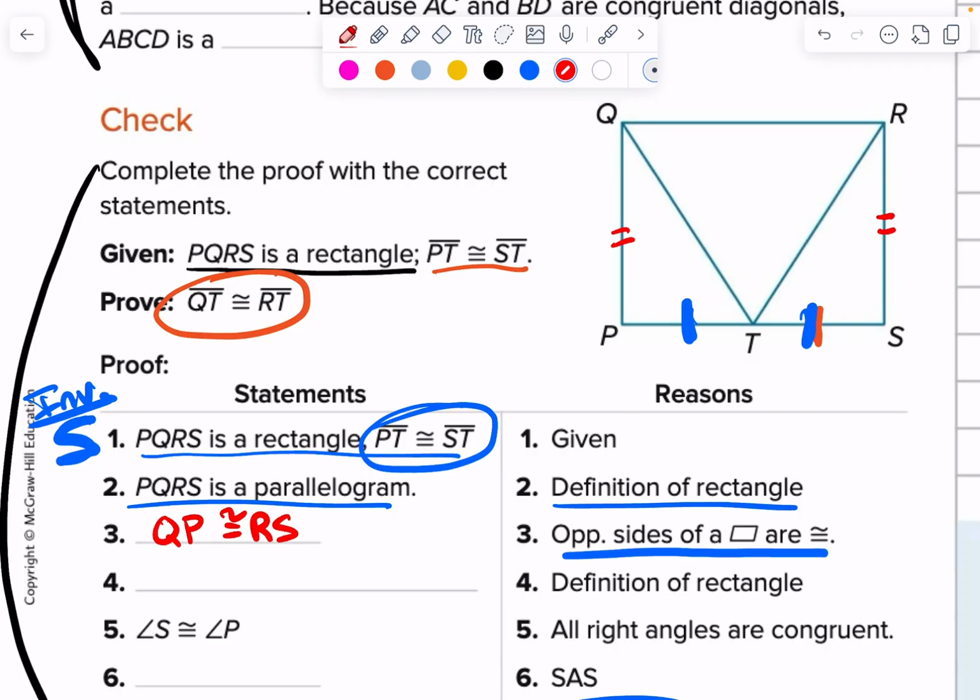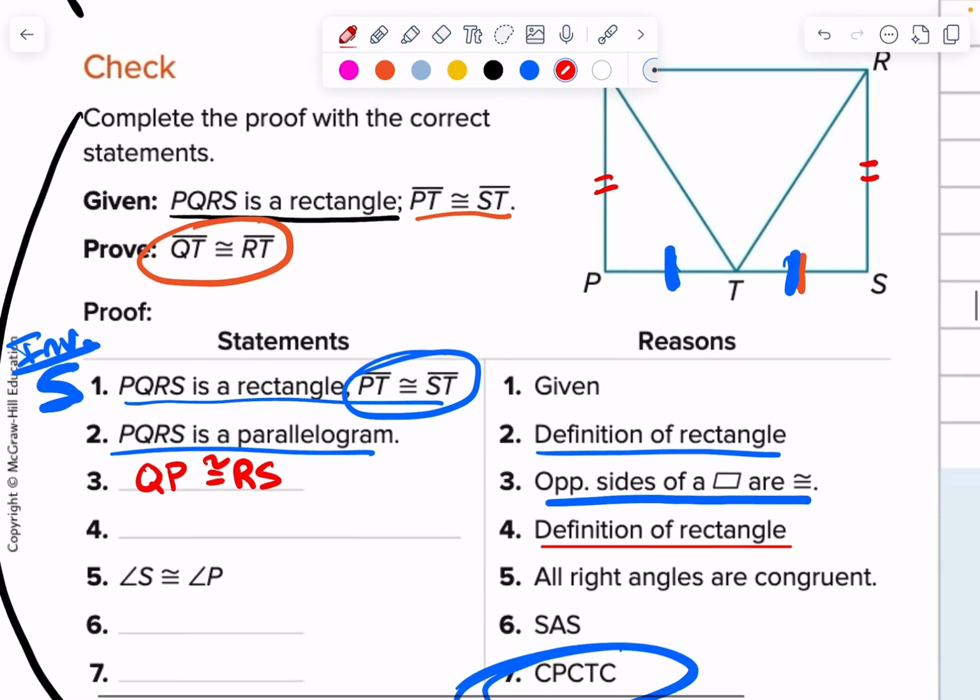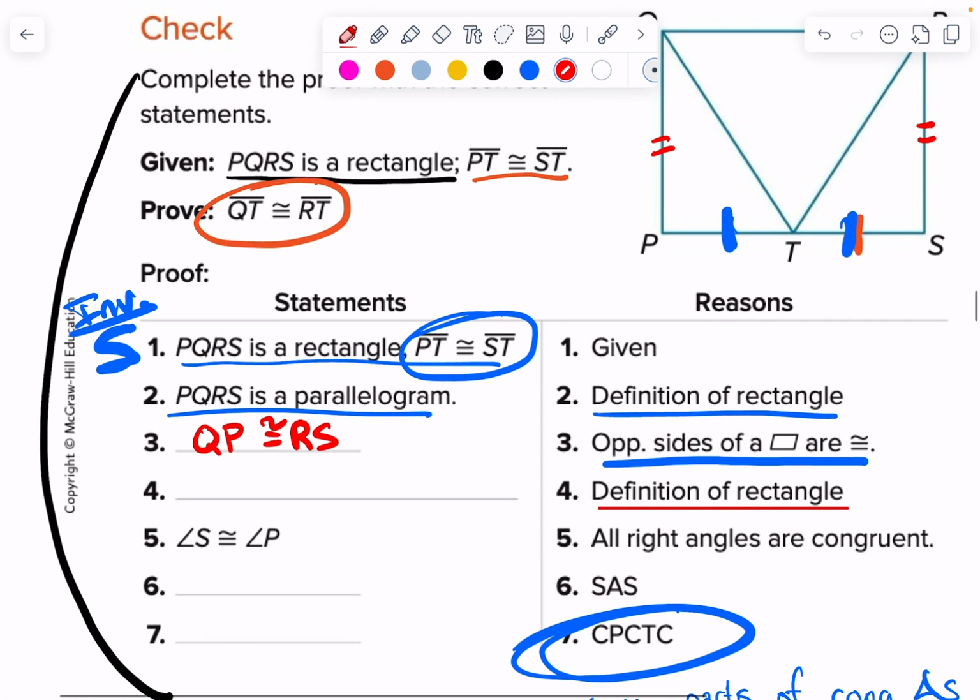Okay, now, let's see, they say by definition of rectangle, we have something going on here, okay? By definition, if that thing is a rectangle, something has to happen. But then I'm going to just jump to step 5 and see if we can bridge this gap. It says that angle S and angle P have to be the same, right?